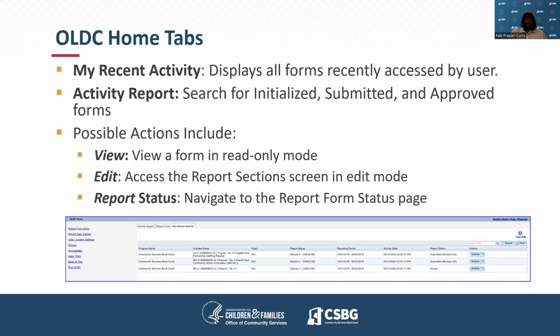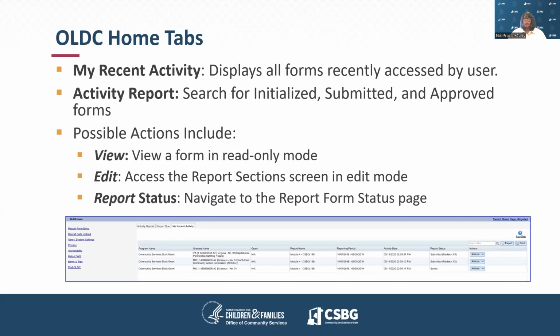That is what we're showing right now. And on this, you will see the dashboard: my recent activity, report, and actions. When you're on the enhanced screen, you can toggle back to the regular version. However, the enhanced version has more capabilities.